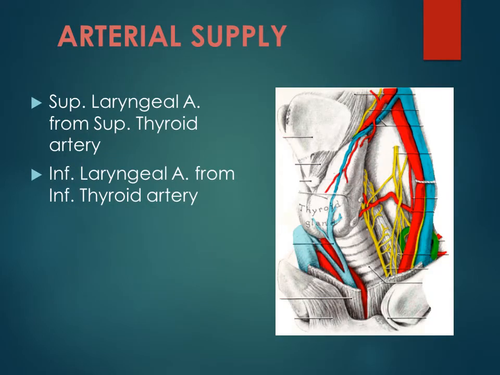For the blood supply, the superior laryngeal artery is a branch from the superior thyroid branch of the external carotid artery, and the inferior laryngeal is a branch from the inferior thyroid artery, which is a branch of the thyrocervical trunk.